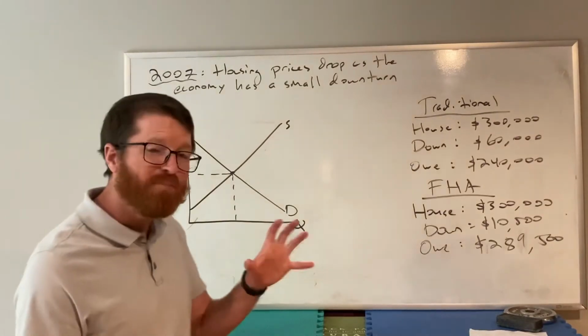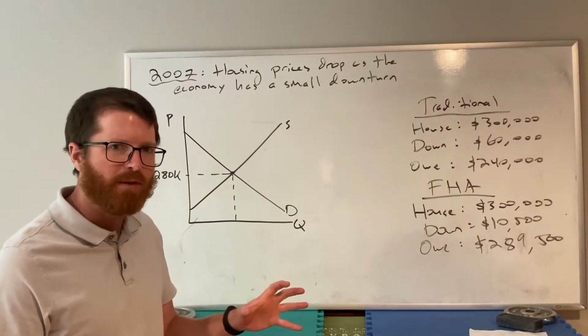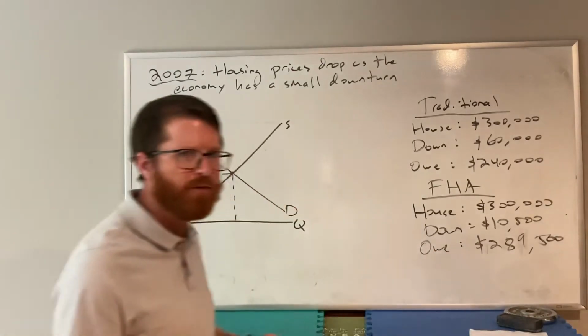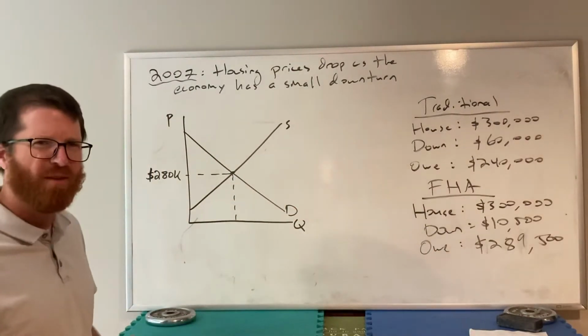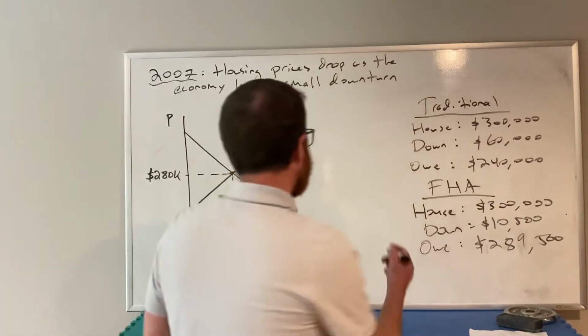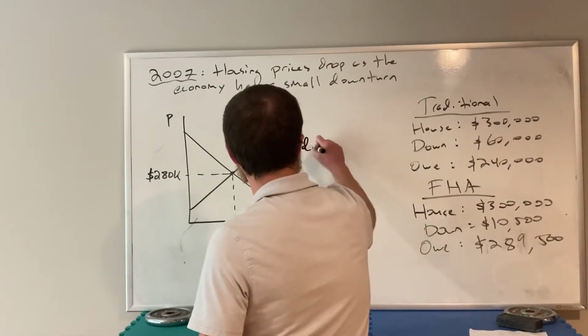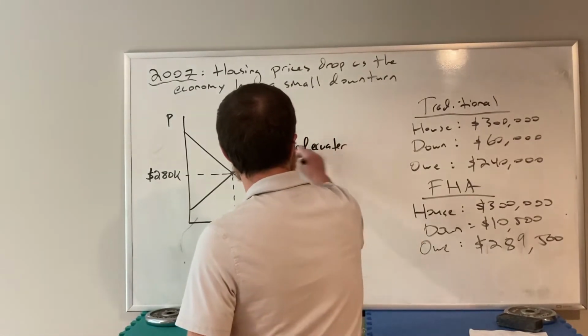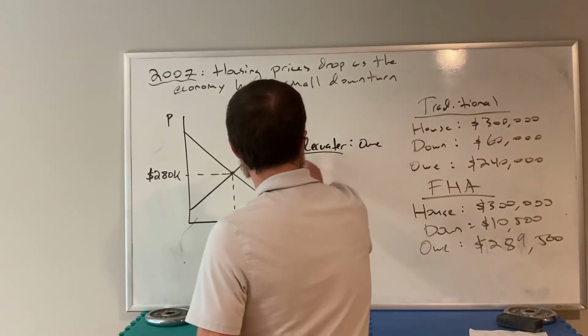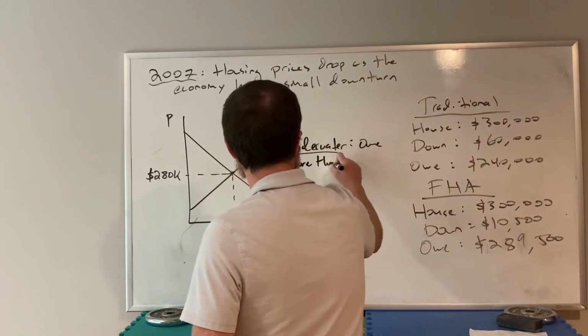So effectively, at this moment in time, if they keep making payments, they're paying more for their house than their house is worth, okay? So this puts people in a scenario where they are underwater on their mortgage, or sometimes this is referred to as upside down, which means that they owe more than the house is worth.